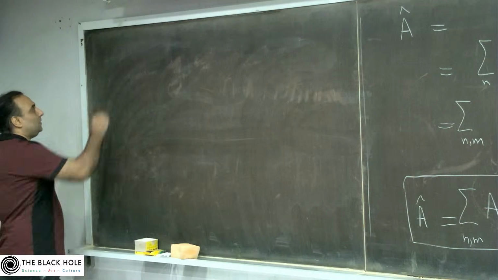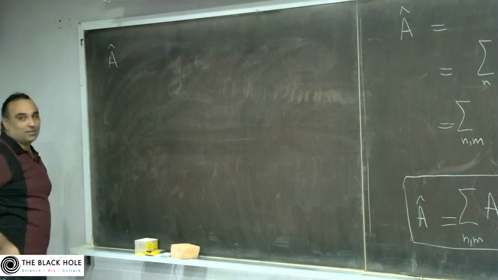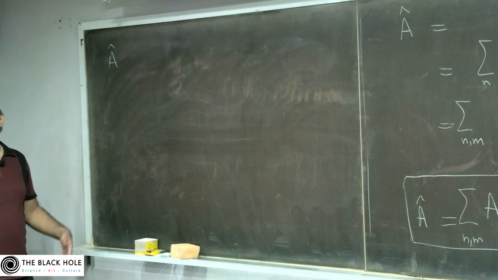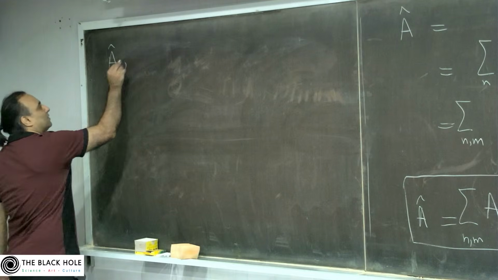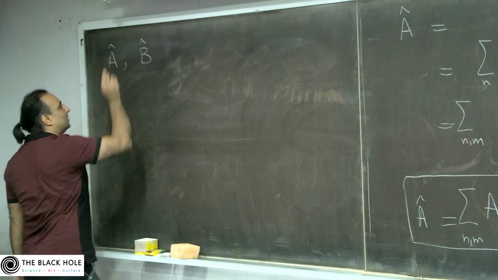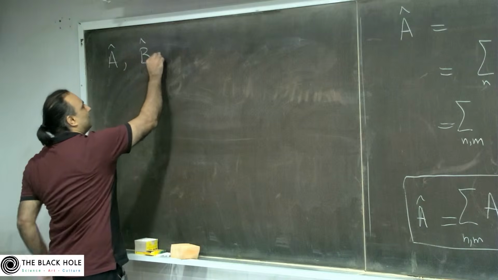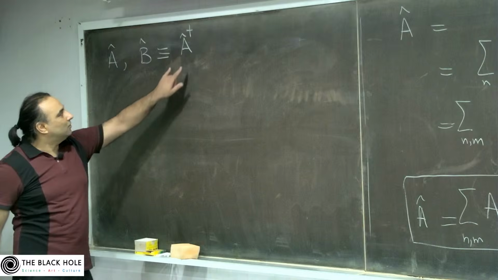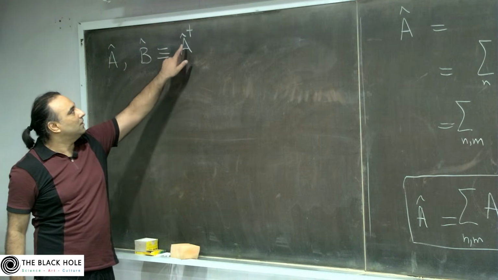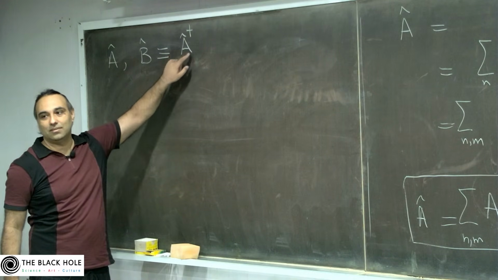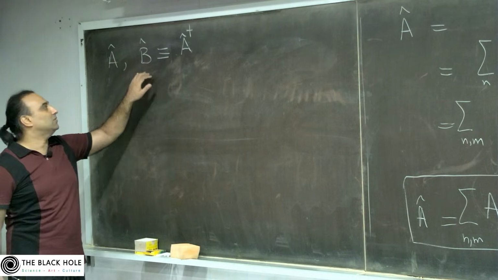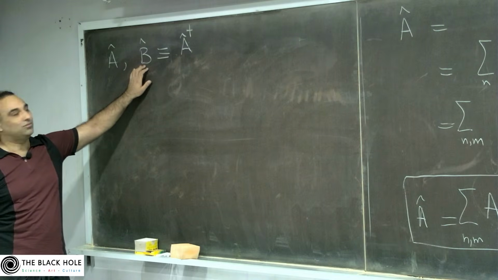So let's suppose this is an operator in a Hilbert space, and we can define its adjoint, and in general it can be a different operator. So let's call it B, and B is defined as the adjoint of A. Here, when we put this symbol, it means the adjoint of this operator, and in general it can be different, so at the moment we are using this label.